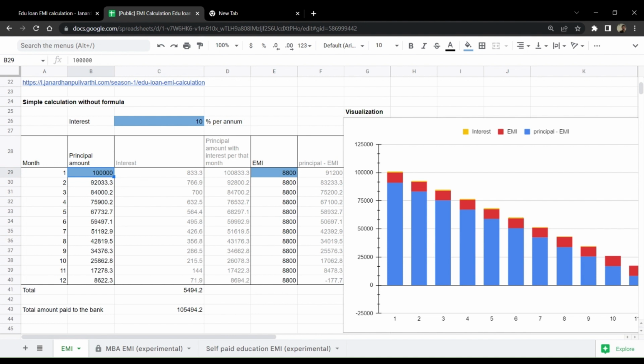So for that 1 month we will be charged the 10% per annum interest rate, which means 10% divided by 12 per month. With that calculation, we come out to an interest of 833 rupees per 1 lakh.